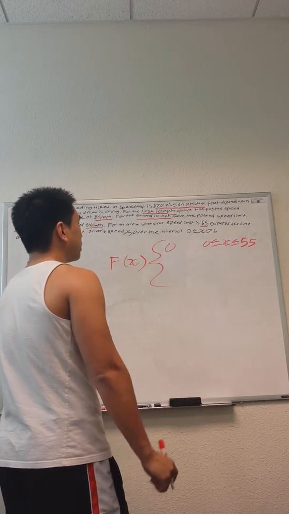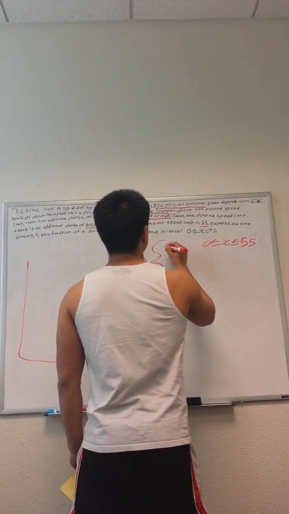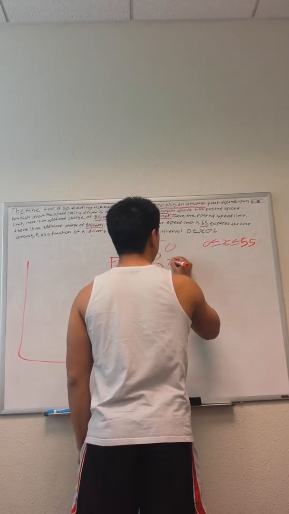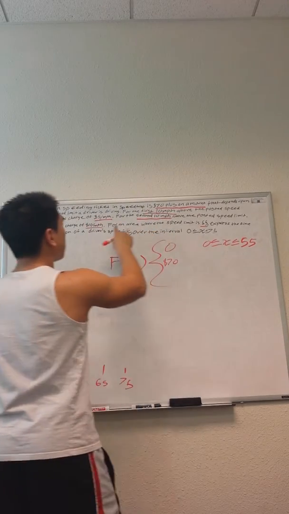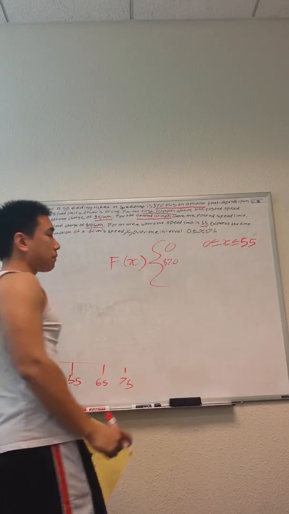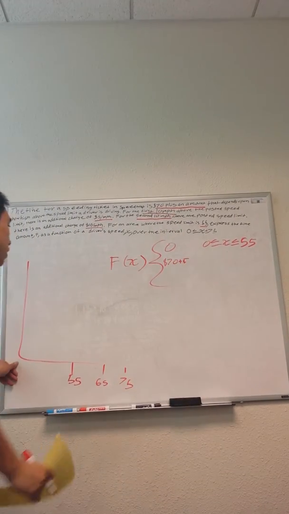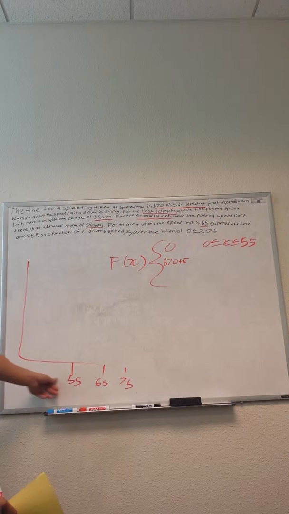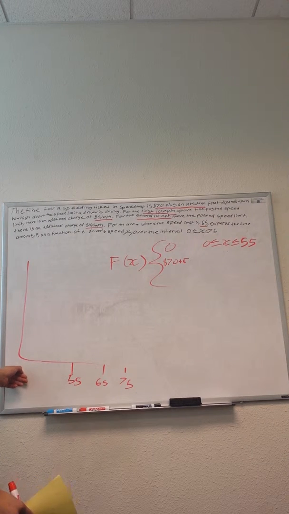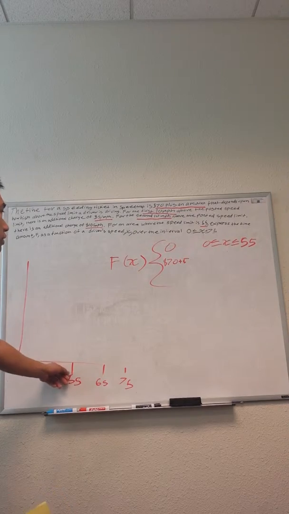For our second function, it is $70 plus 5 per mile per hour. Now that we don't start at 0 miles per hour, we start at 55.